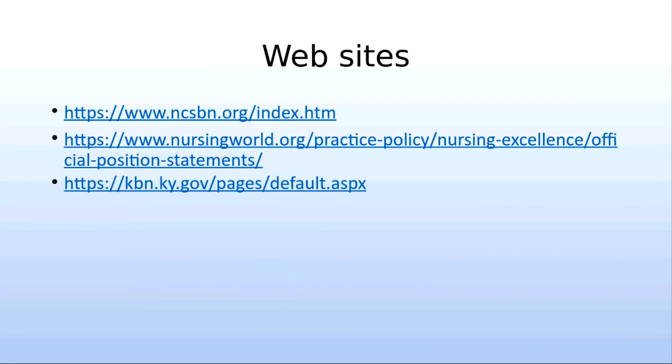And here are some websites that you might want to look at to find out some information. Here is the Kentucky Board of Nursing, ky.gov. That'll give you the Nurse Practice Act. That will tell you everything you need to know about nursing in Kentucky. Requirements, licensure responsibilities, continuing education requirements, all of that you can find there.